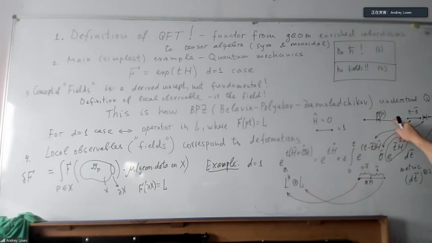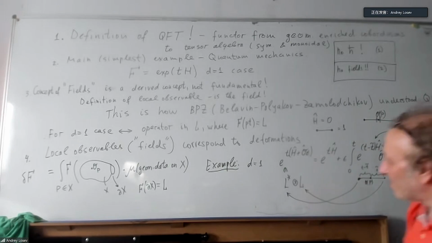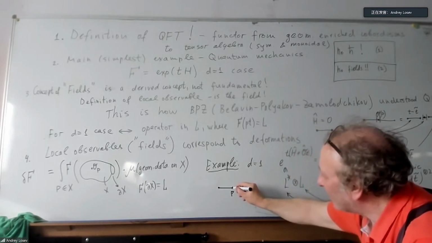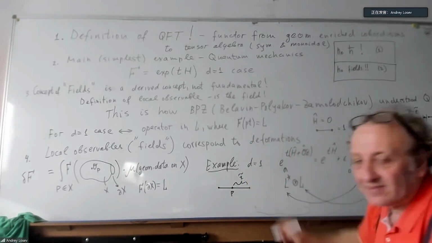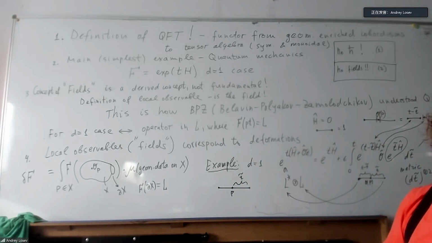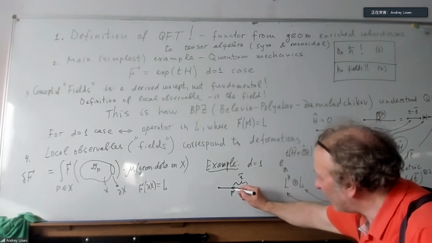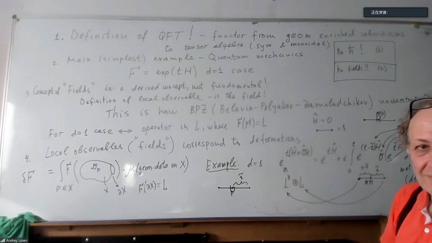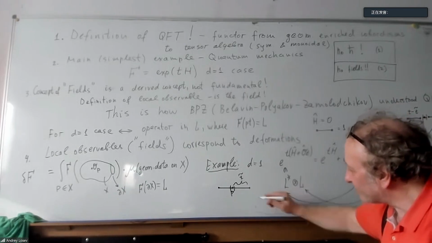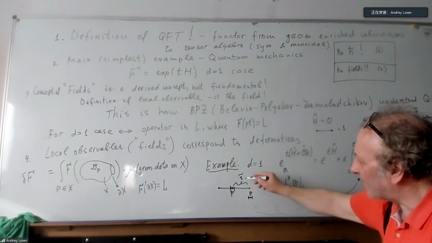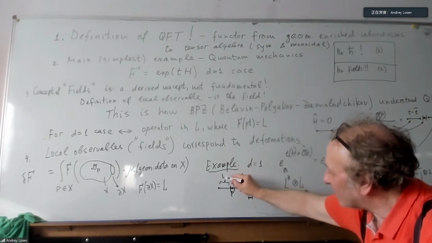Because some time had passed from the beginning to the insertion. And then some time had passed from this insertion to the end. So when I write it like this, I say that point P has some coordinate, P tilde. But when I'm writing what corresponds to this picture, I'm using functoriality to cut. And I see that this small interval knows nothing about t tilde and t minus t tilde.